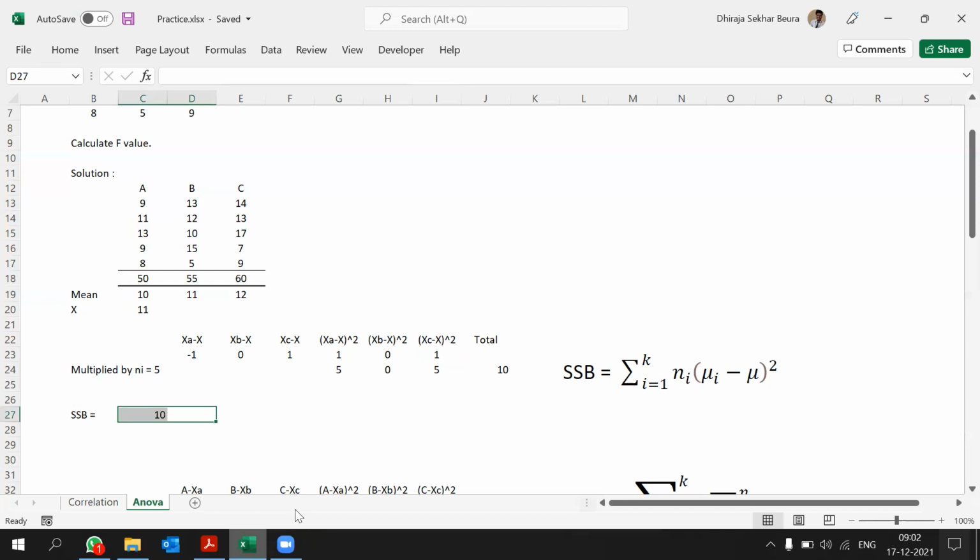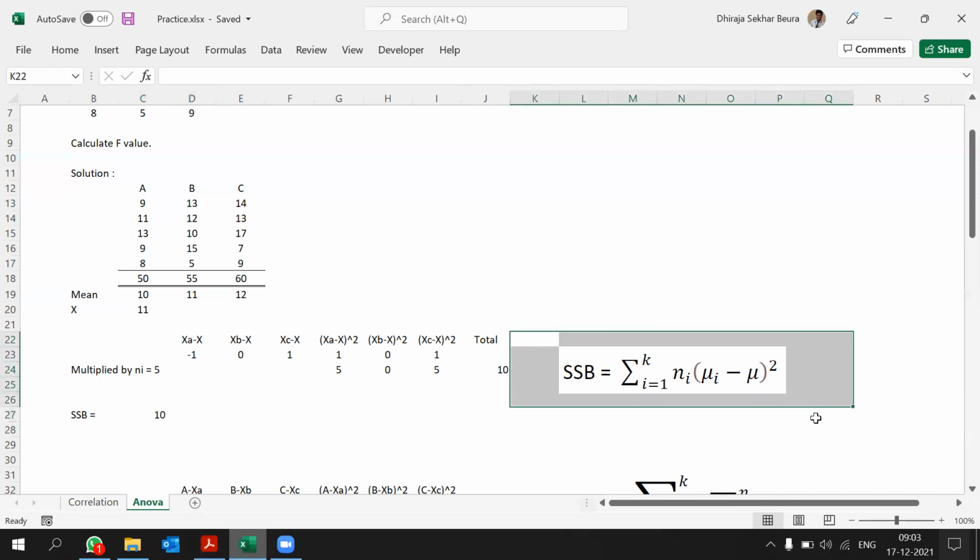SSB is nothing but the total over all the series of Ni multiplied by the squared differences.